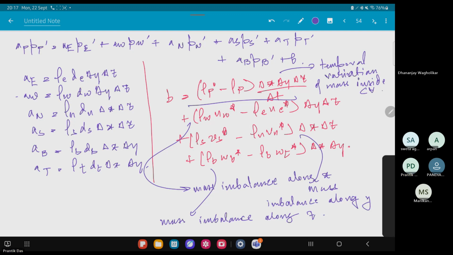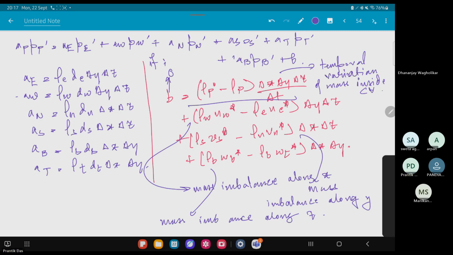So if my solution actually converges and the flow itself is incompressible in nature, then this actually becomes zero. If incompressible, and the solution reaches a steady solution.